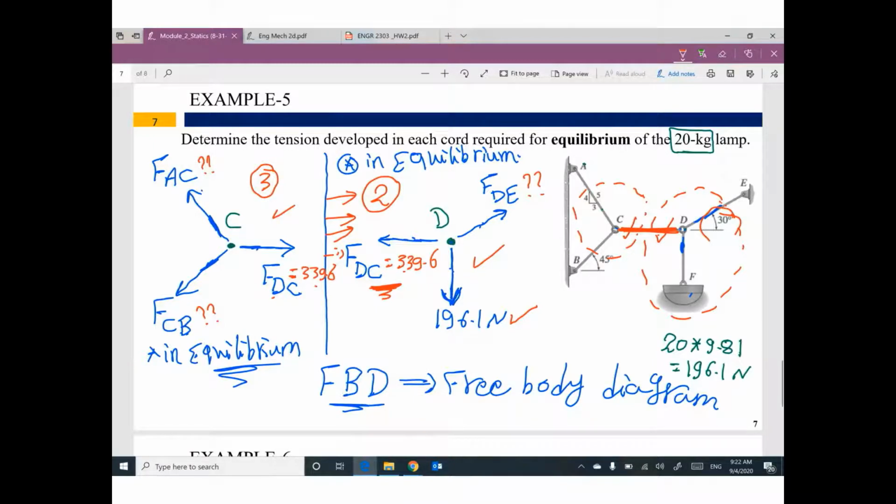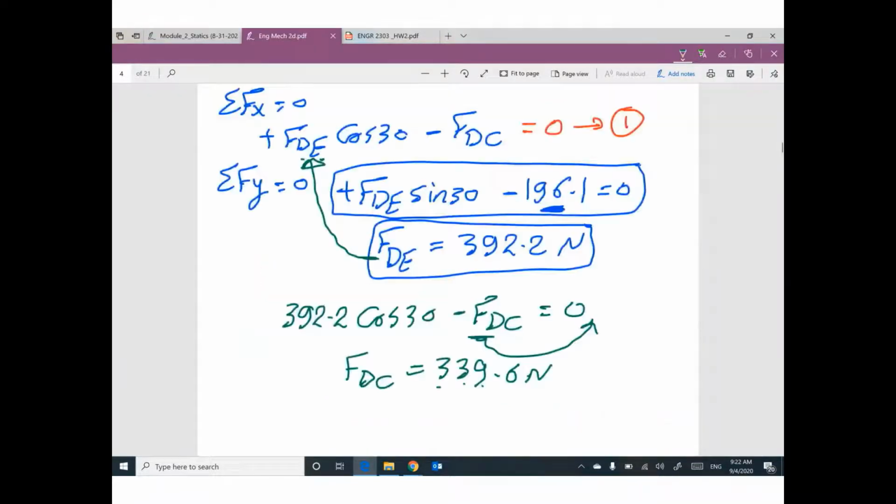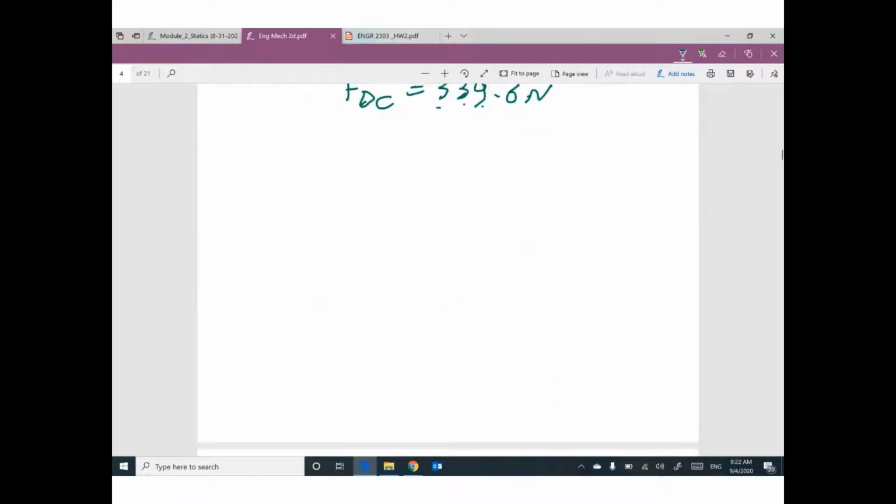So right now, I'm going to solve particle C. So I will say for particle C, what do you have at C? We have horizontal force here, called FCD or DC, which is 339.6.